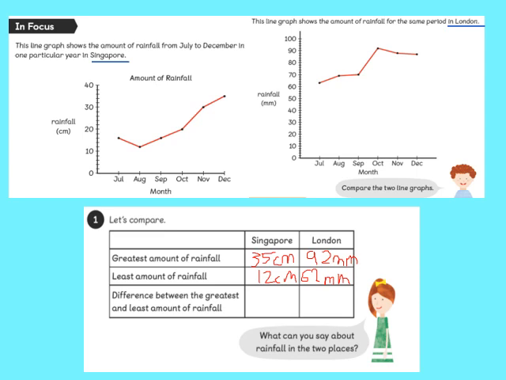And then it asks us to find out the difference between the greatest and least amount of rainfall. Well, in Singapore, the greatest amount of rainfall was 35 centimetres and the least amount was 12 centimetres. So we need to find the difference between 35 and 12. So we could make the calculation 35 take away 12, which would give us 23 centimetres.